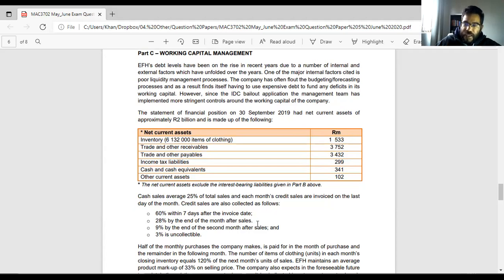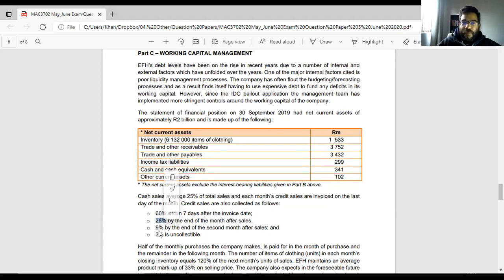The first 7 days fall in November, and the end of the month after sales, if it is October, is the 30th of November. So basically in November, you receive 60% plus 28%.